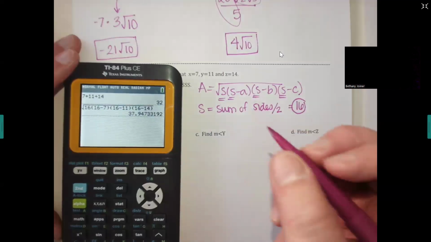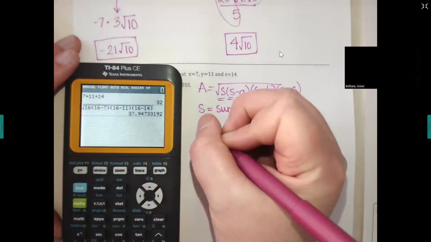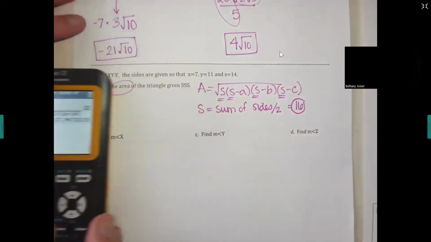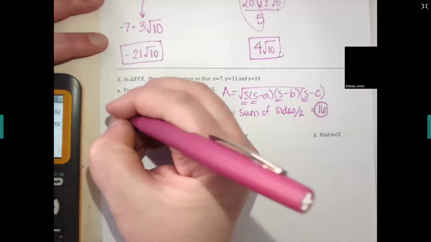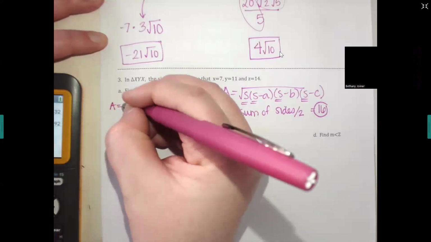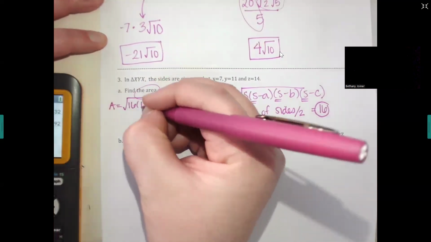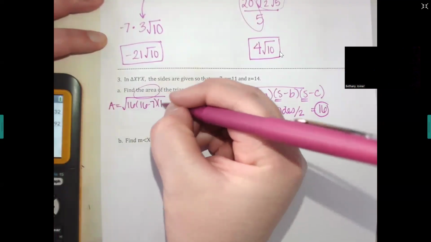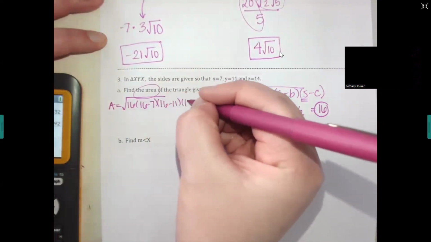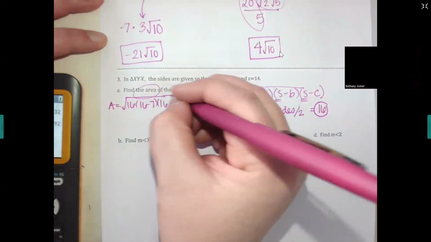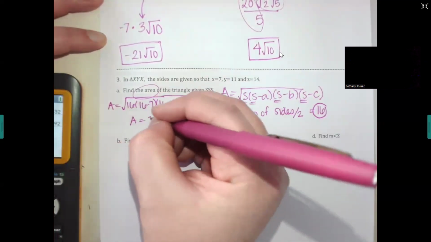So I got 37. So let's maybe write the formula with the numbers plugged in so you can go back and look at it. So it's 16, 16 minus 7, 16 minus 11, 16 minus 14. And then that came out to be 37.9.